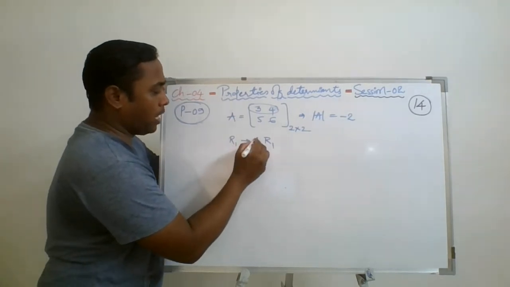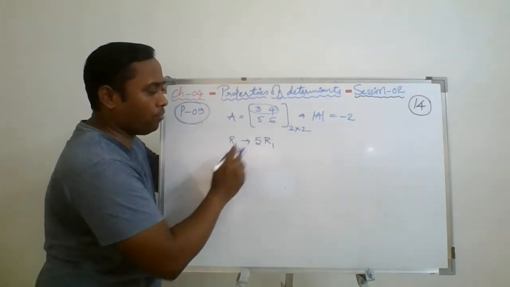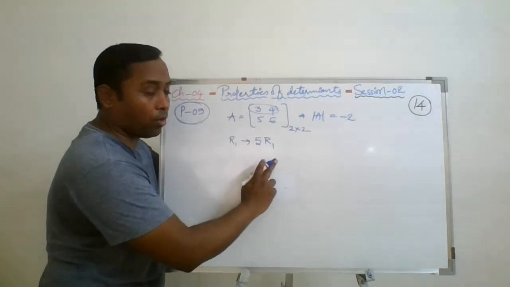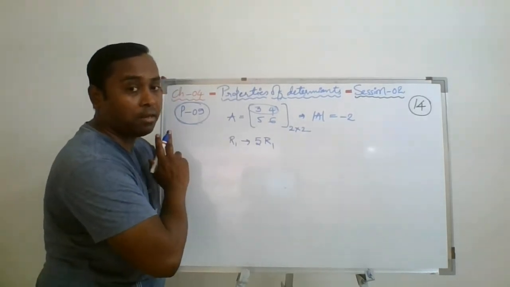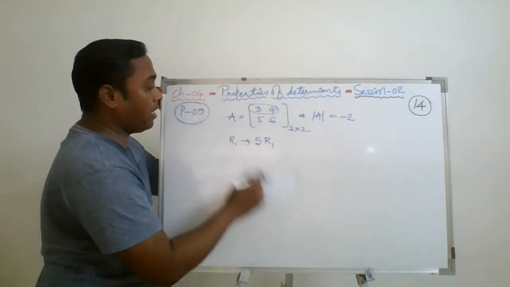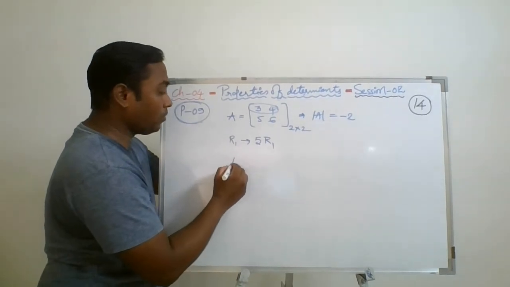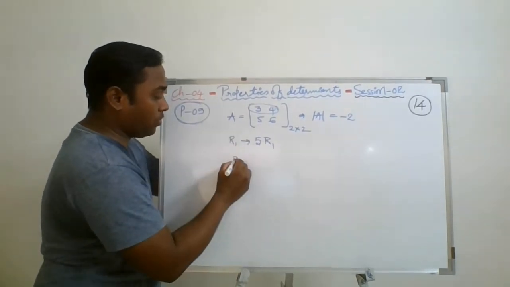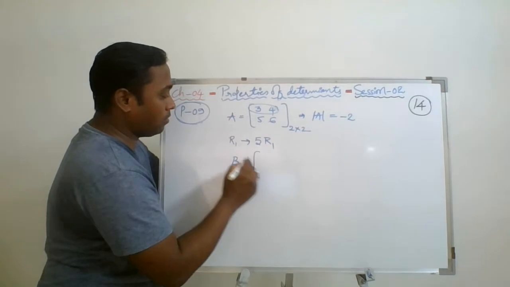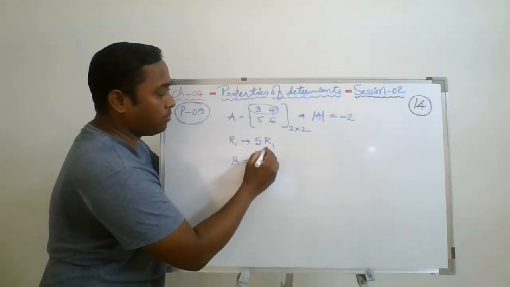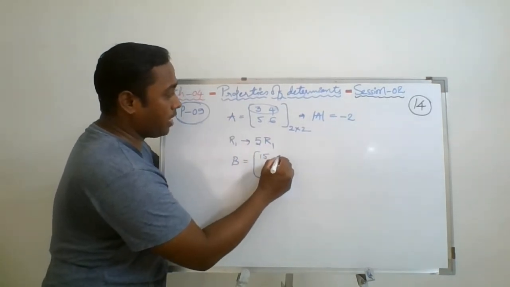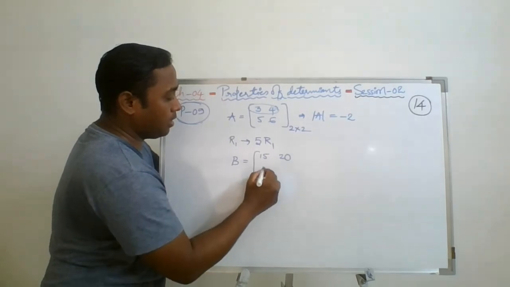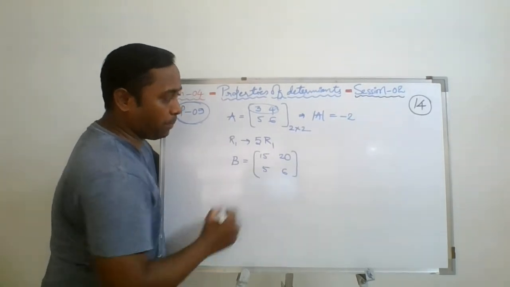If I multiply the entire row with 5, only that particular row, not the entire matrix, the new matrix obtained is 5 times 3, 15, 5 times 4, 20, and the second row remains the same.